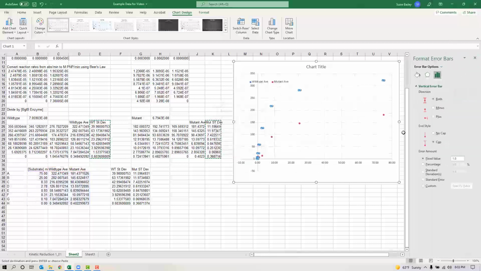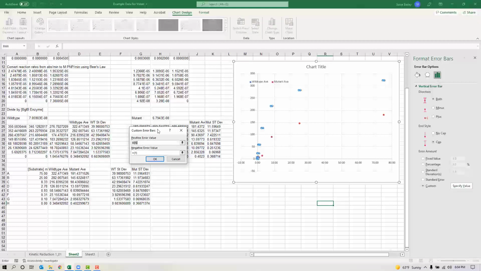And over here I have my format error bars menu. So I want to come down here. Make sure that you're on the graph icon, that menu, and then scroll down until you see this custom option and then specify value. Because what we're doing here is we're telling Excel what the value of each error bar is, which we've already calculated.